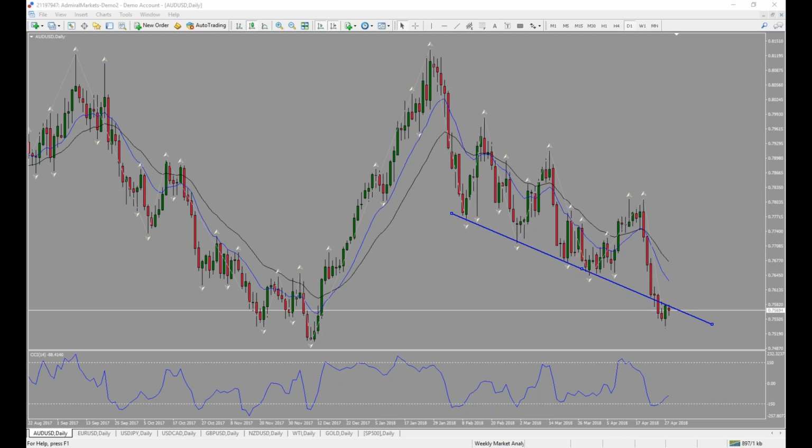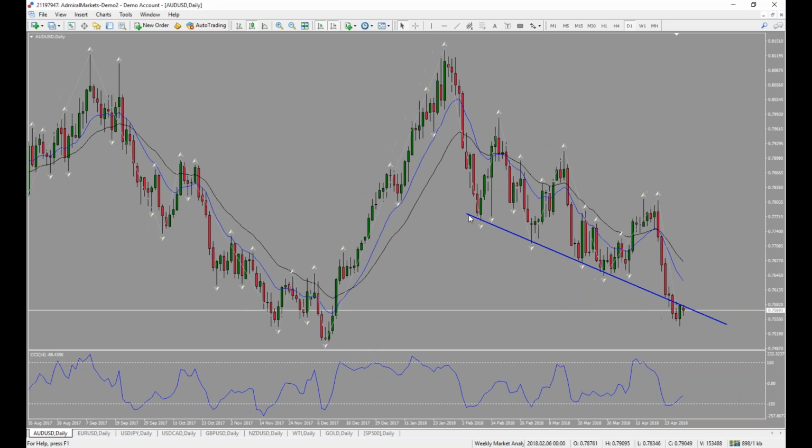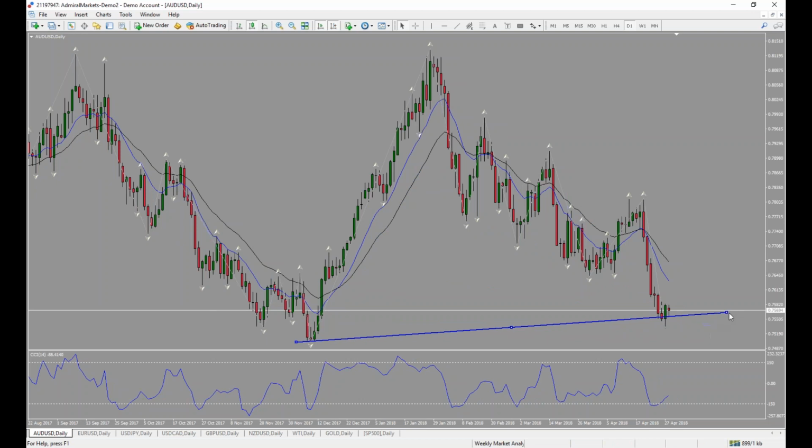So if the line, for example, was in the other direction, let me just draw another hypothetical line for you. So let's say if I had a line like this, or a flat line. So this line is going on the upward side. So now if I break this one down, that's what I would call a breakout. Just in case, I did get one email from someone, and I thought I'd clarify that.